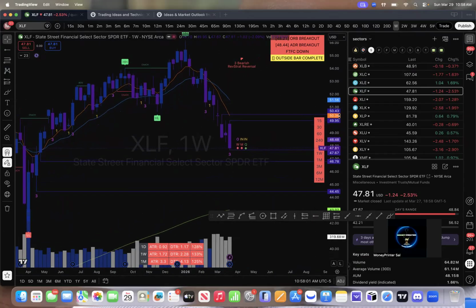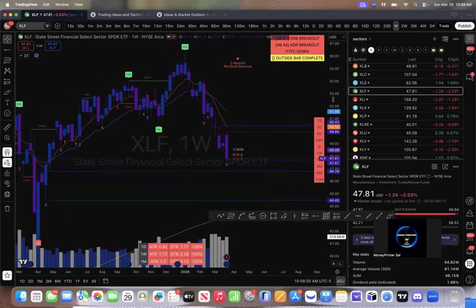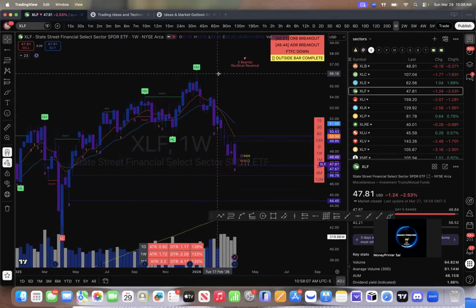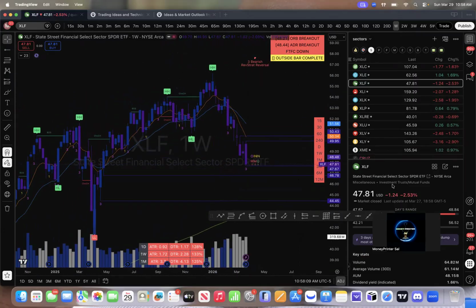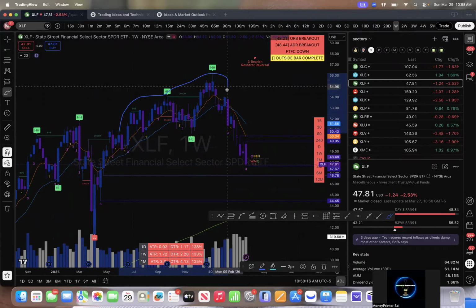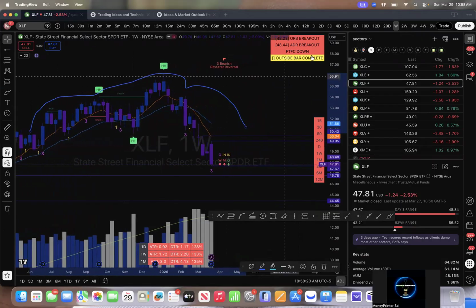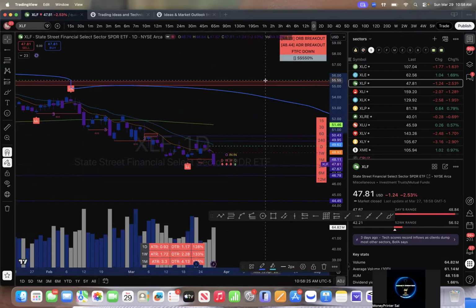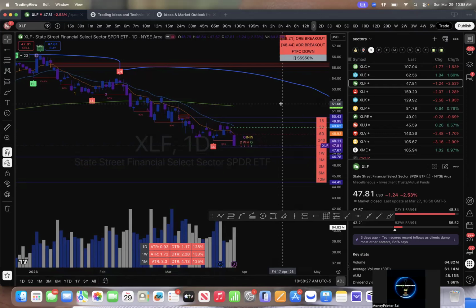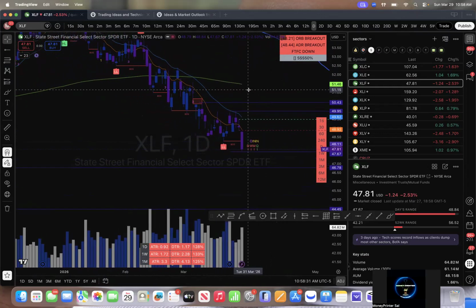It's still above the 200 EMA, so not correction, but by all means, this is a bearish setup. And I'll go through some tickers in my next video that I want to attack or trade.